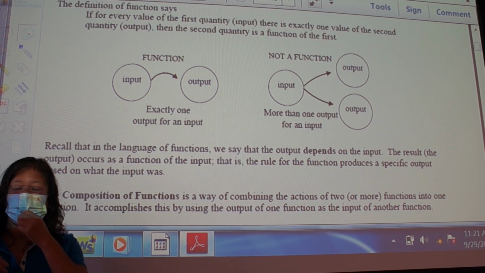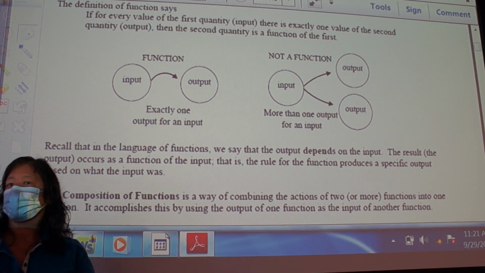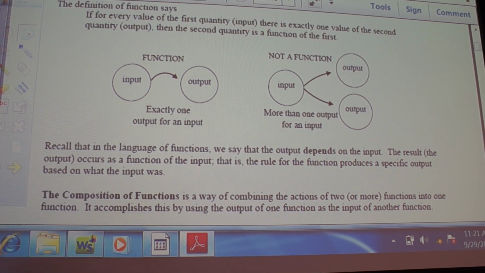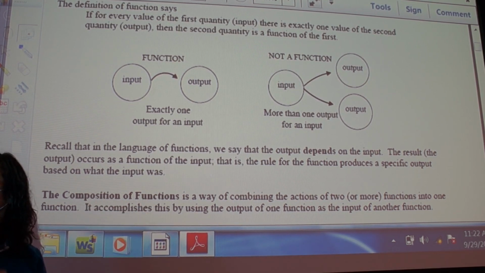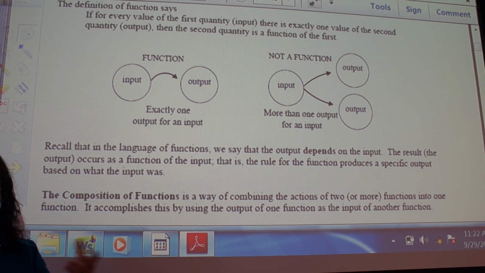That's why we always talk about outputs or results in terms of y. The composition of functions is a way of combining the actions of 2 or more functions into one function. So we're taking 2 or more functions and combining them to get just one. Like a composition, you put together notes to make up music. Here we're putting together functions to make up a new function.